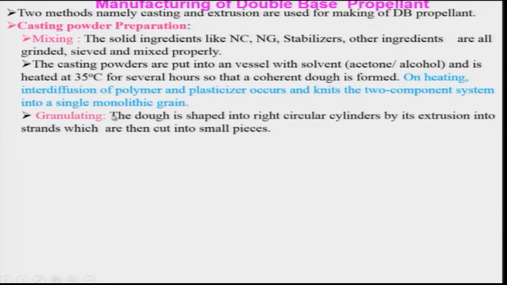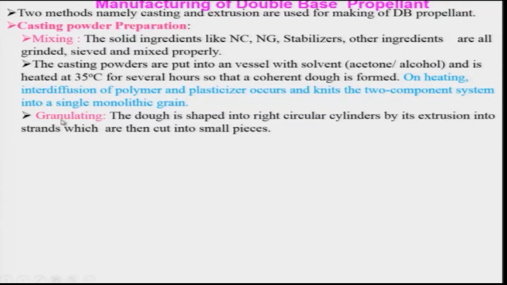After this, the dough is shaped into right circular cylinders using the extrusion process, and strands are formed, which are cut into small pieces. The size of the pieces is generally around 1 mm, and the length to diameter ratio of 1 is generally maintained.